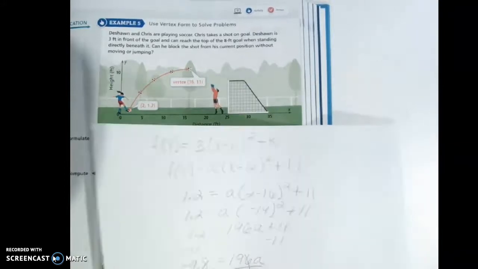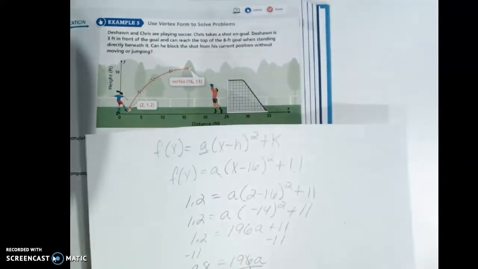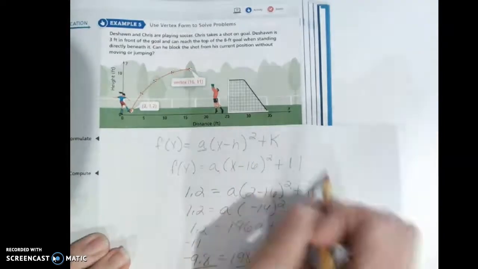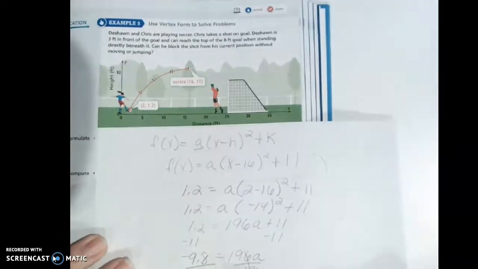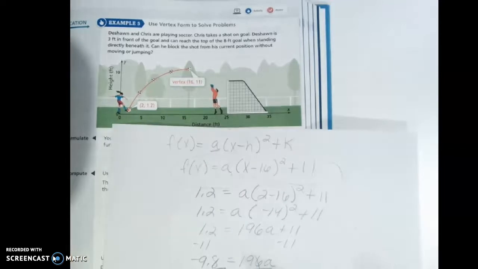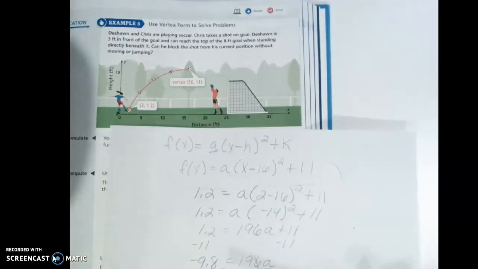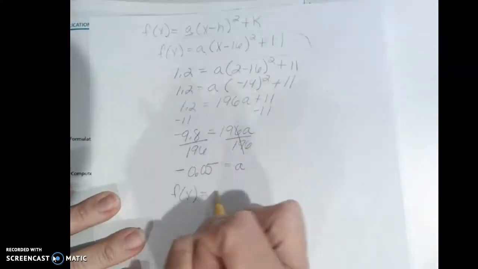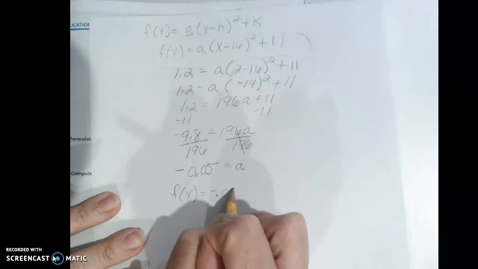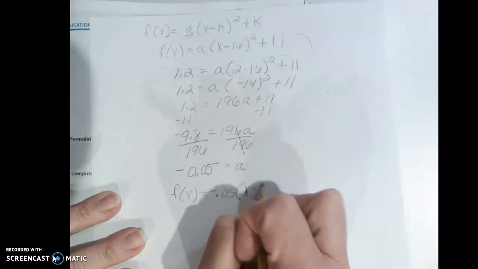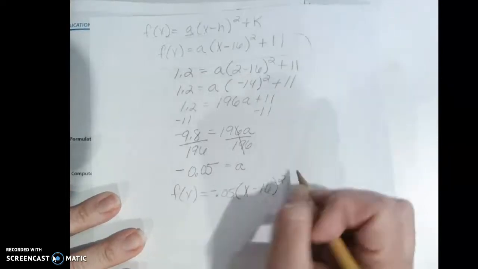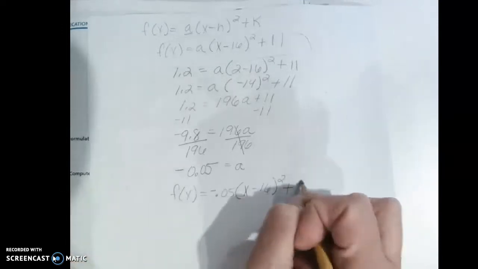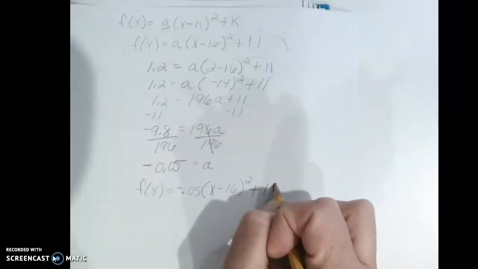I am now going to rewrite this equation that I'm using and put in the negative 0.05 in that spot. So I have f(x) is equal to negative 0.05 times (x minus 16) squared plus 11. Whoops, I keep writing off the edge of the paper.